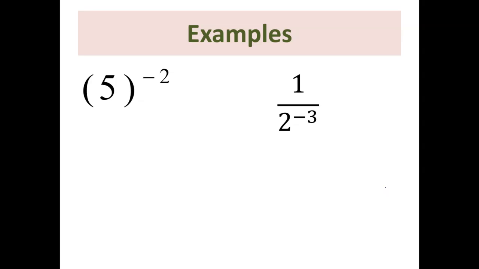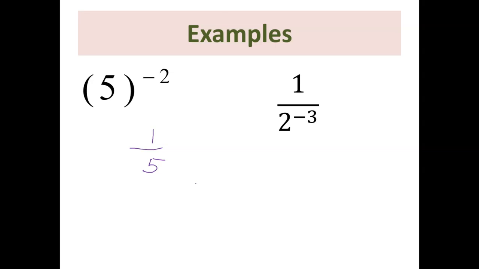Here I have two examples. First one is 5 to the power negative 2. Now 5 to the power negative 2, the base is 5, which is in the numerator because there's nothing in the bottom. So what I can do is it has to come down in the denominator first. If it comes down in the denominator, then nothing left except the 1 on the top.